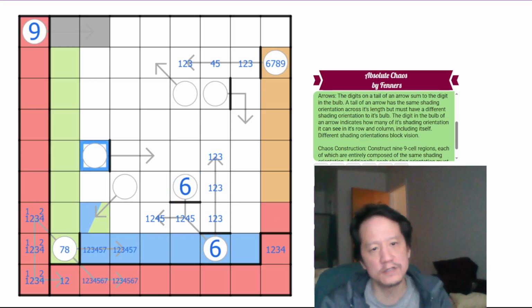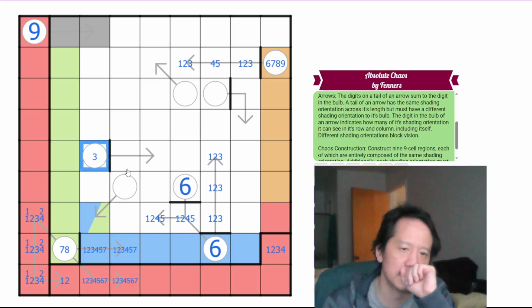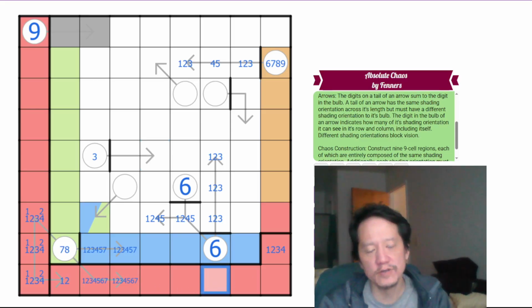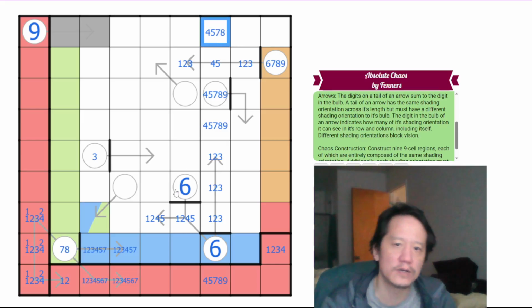This is at least 3. So it could go up. This has to be 4, 5, 7, 8, 9, and these are 4, 5, 7, 8, 9, no 9 here.